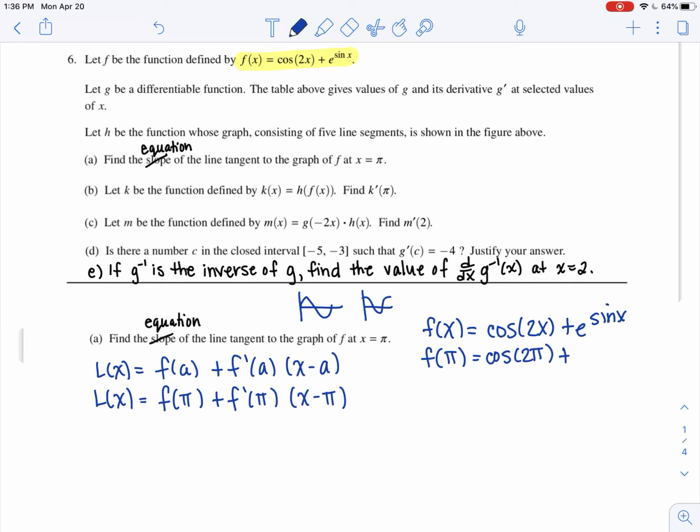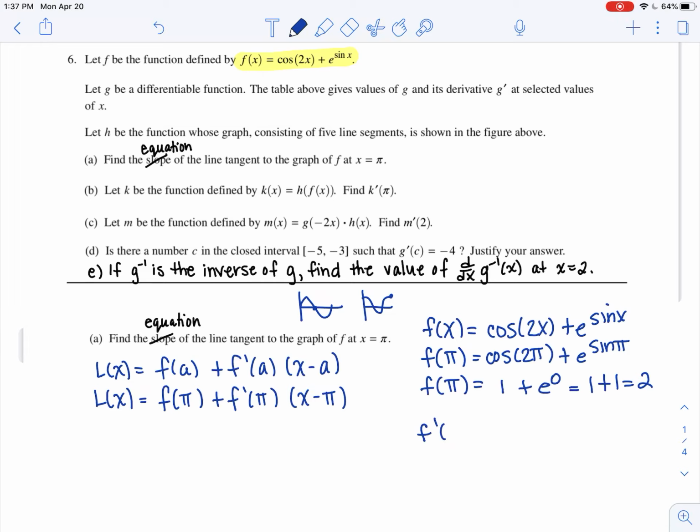So this is cosine of 2 pi plus e to the sine of pi. If you take a look at those basic sine and cosine graphs, cosine of 2 pi would end right here at 1. E to the sine pi is going to be e to the 0 because sine of pi is 0. So therefore this comes out to be 1 plus 1 or 2.